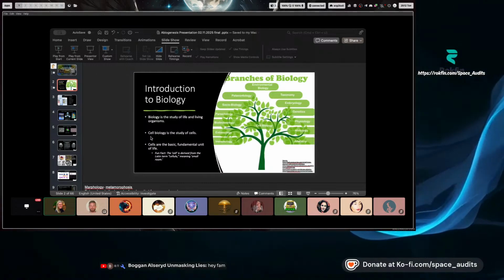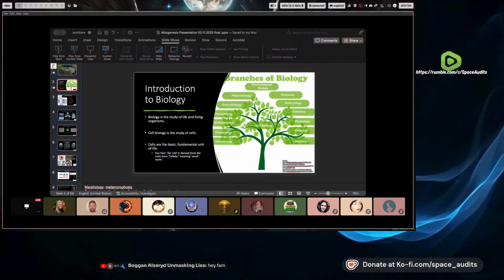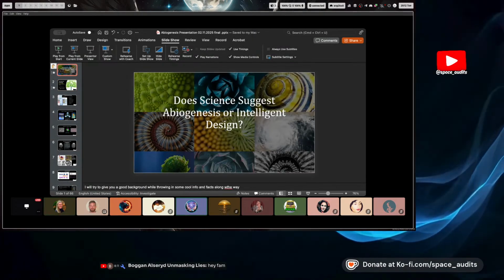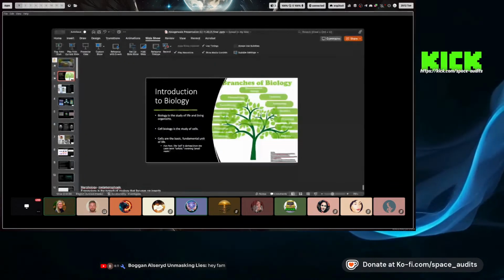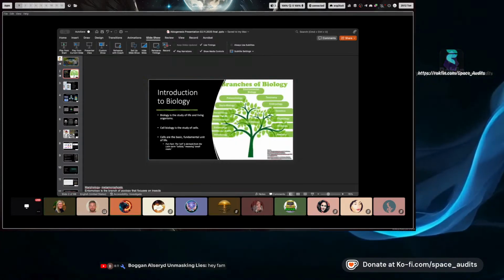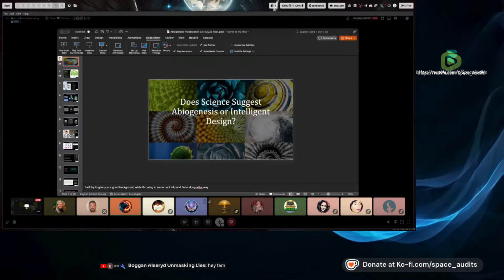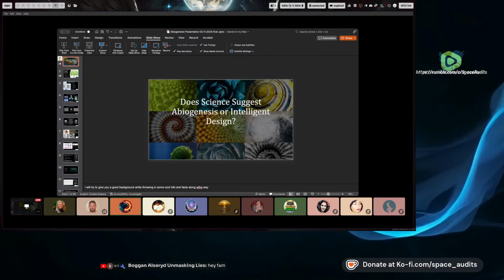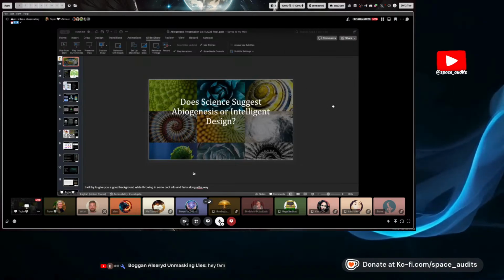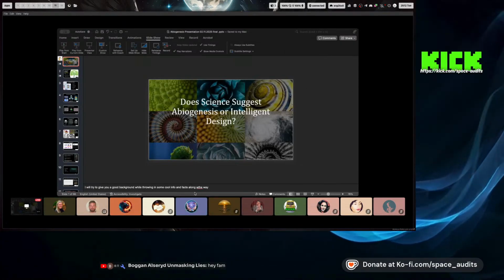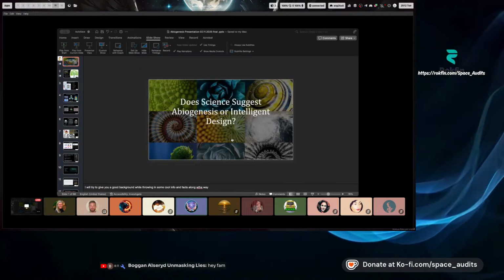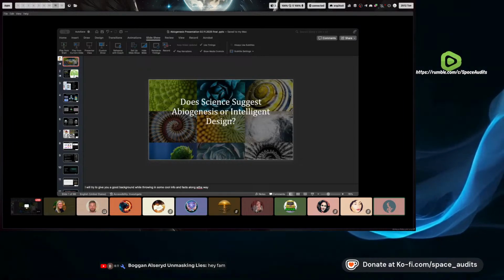Do y'all see my whole slideshow whenever I leave full screen? No, we only see the application. Full screen would mean we share a window, I think. What you should do is go into share your screen on Discord and click share entire screen. Then when you go into full screen, we'll see the whole thing. How do I do that? I don't see share your entire screen. Go into the share your screen button there in Discord, and then just change it.